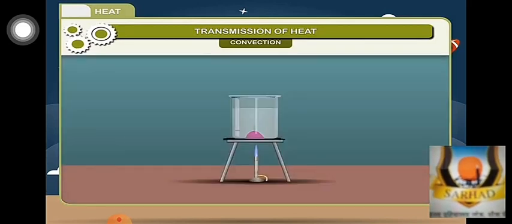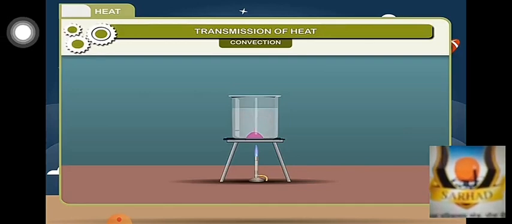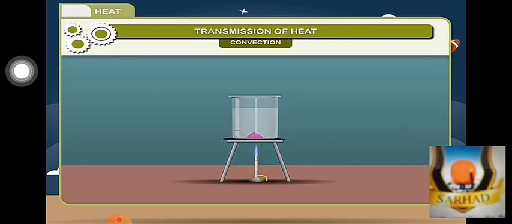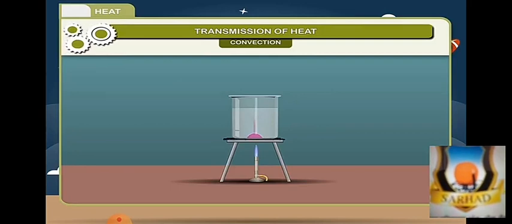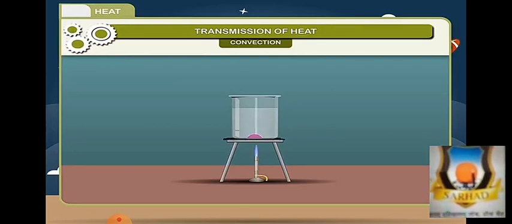Now, heat the beaker from the bottom. You will notice that the red particles of potassium permanganate will start rising and falling. This happens because water immediately above the heat source becomes lighter and rises up, and cool particles, being heavier, come down. The process continues till the temperature becomes uniform throughout the water.